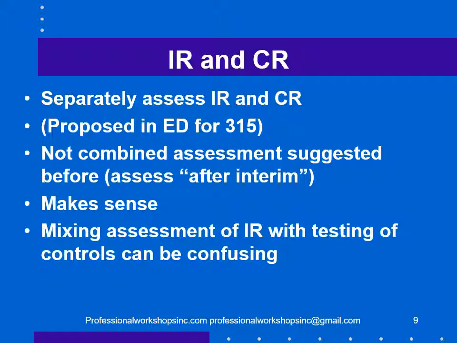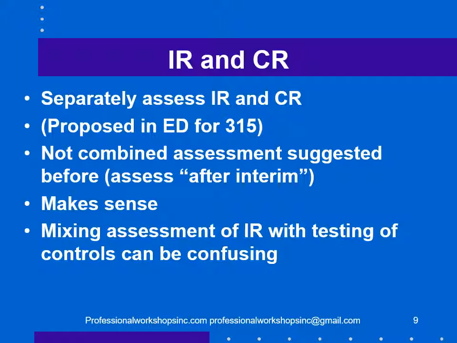Currently, we do a combined assessment of inherent and control risk. So it's kind of like you do your risk assessment procedures, you do the interim audit, you do your control testing, your walkthroughs, and at the end of that you say, how much more work do I need to do? How much substantive testing do I need to do at year end, and specify that? And that's kind of the logic it takes.